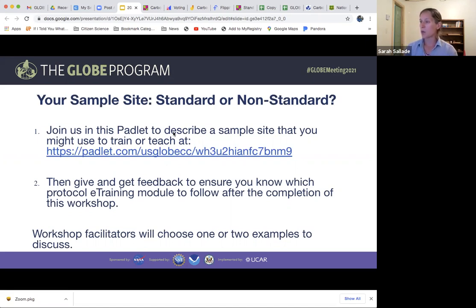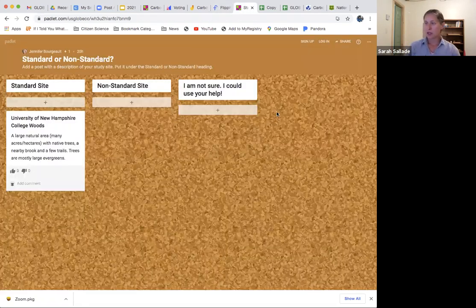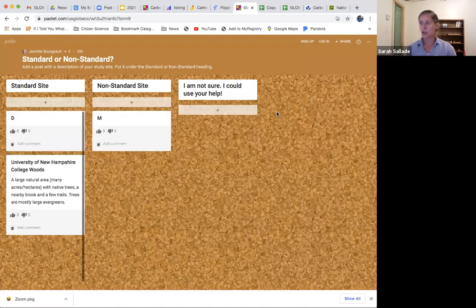You're going to type up a description of your site and put it under the standard, non-standard, or I don't know column. And then give and get feedback to ensure you know which protocol e-training you'll want to follow up with after this workshop. There's an example of our University of New Hampshire College Woods site in there already.